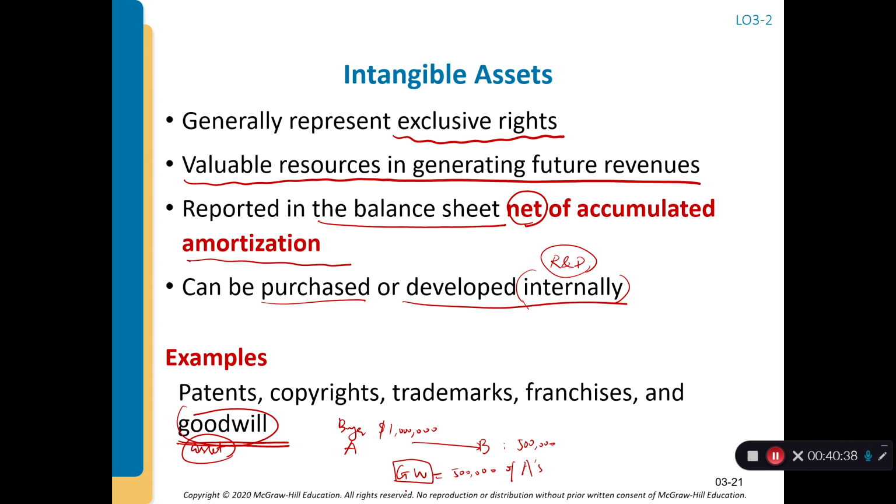So you purchased something much higher than the book value of something, and then the extra purchase value is parked under the goodwill.